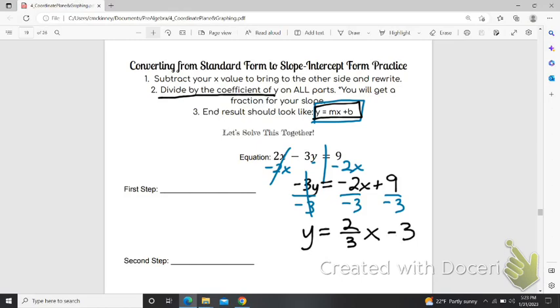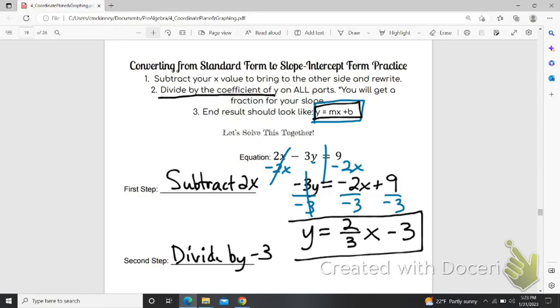So first step, we subtracted 2x. Second step, we divided by negative 3. And now this is my equation in slope-intercept form.